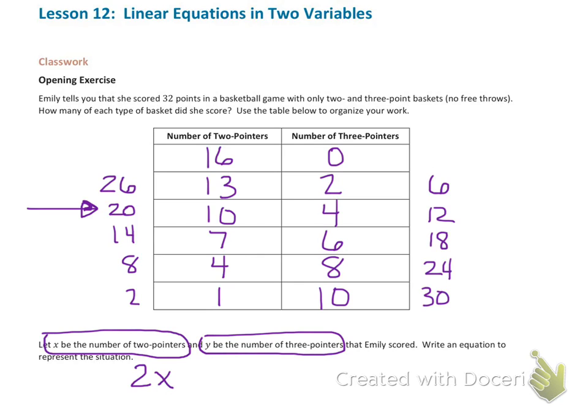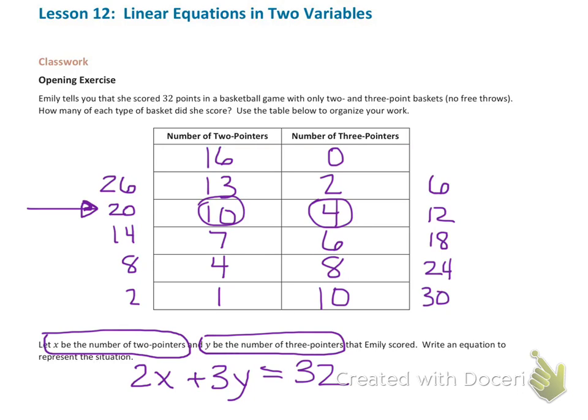So we had 2 times the number of 2-pointers, and then we would have to add that to 3 times the number of 3-pointers. Over here we had 4 for that this time. 3 times 4 was 12, but this would be 3 times y. We add those together, and we want that to equal 32. Okay, so that is another example of a linear equation in 2 variables.